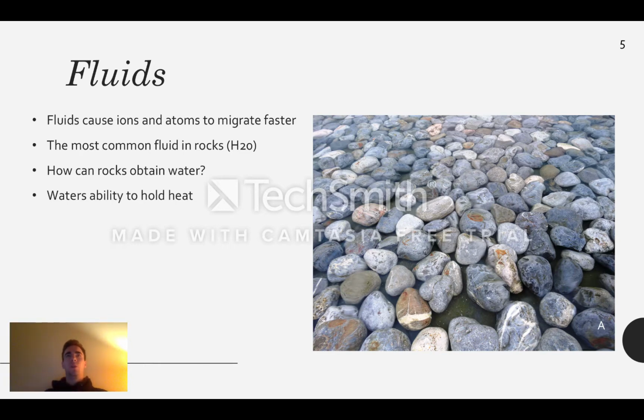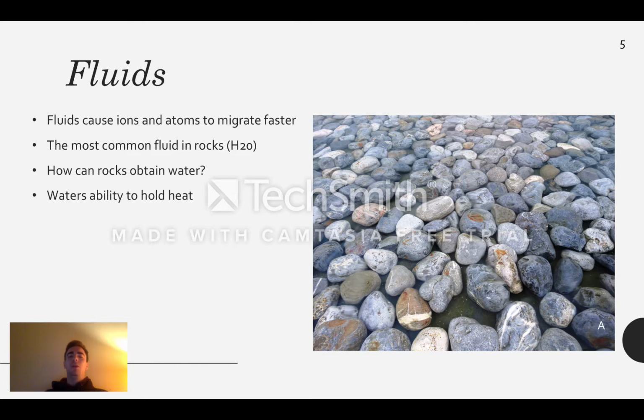Water is the number one most common fluid in rocks. Carbon dioxide is also another very important factor with the fluid that influences how the metamorphic rates and reactions occur in the rocks.